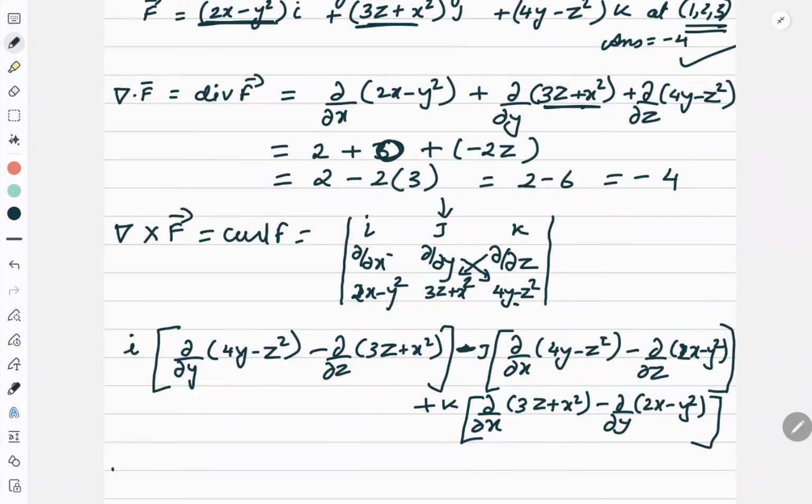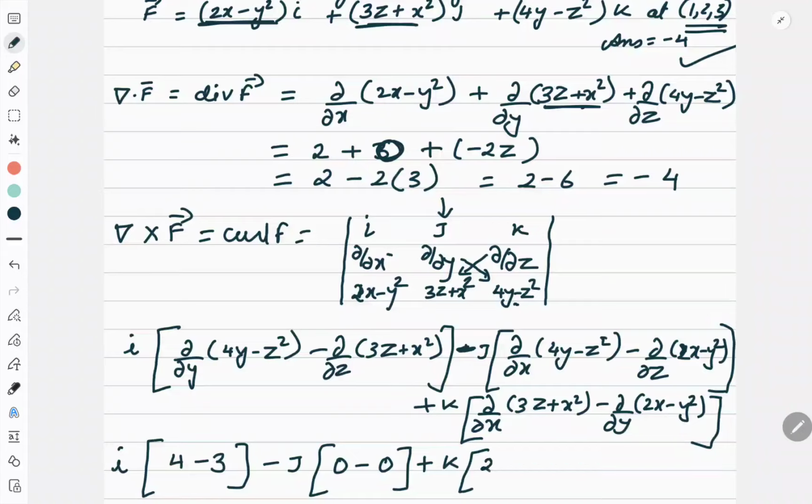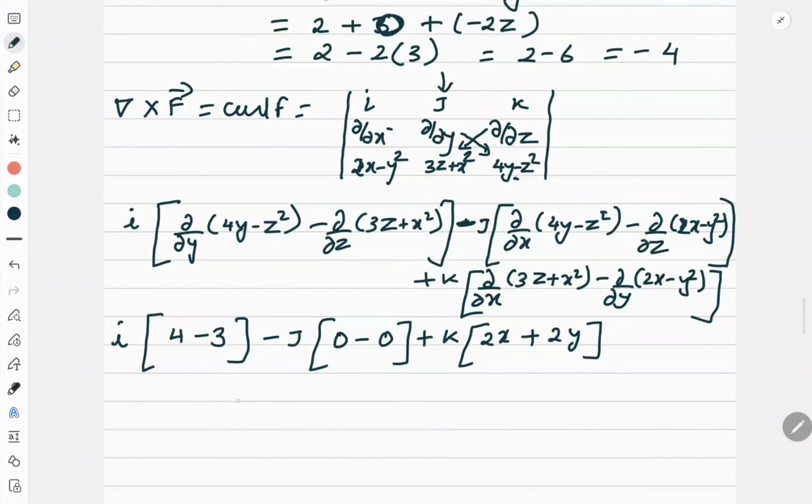Correct? Now let us solve it. Dou by dou y of this is 4, minus dou by dou z of this is 3, so i. Minus j: dou by dou x of this is 0, minus dou by dou z of this is again 0. Then plus k: dou by dou x of this is 2x, minus dou by dou y of this is minus 2y. Correct?